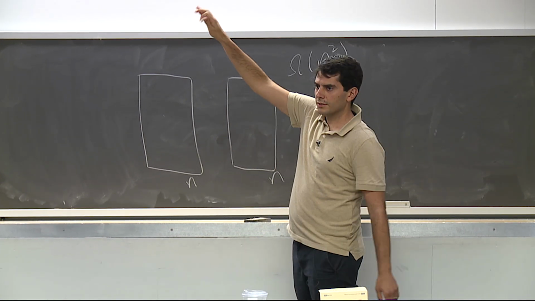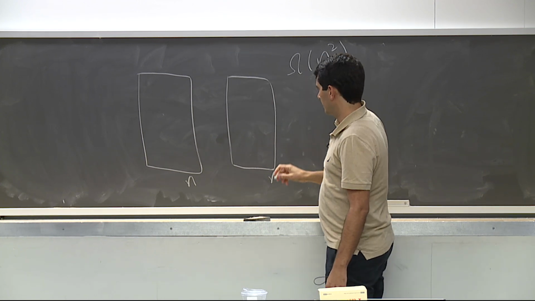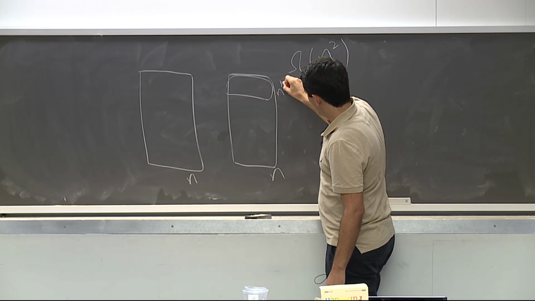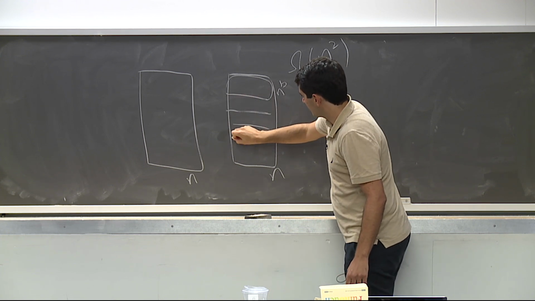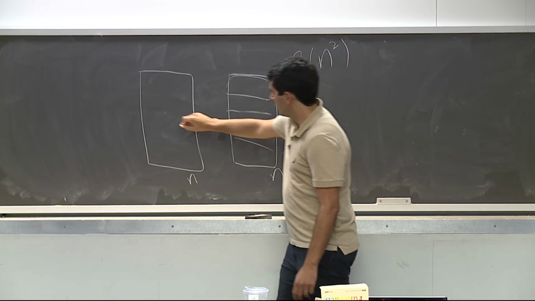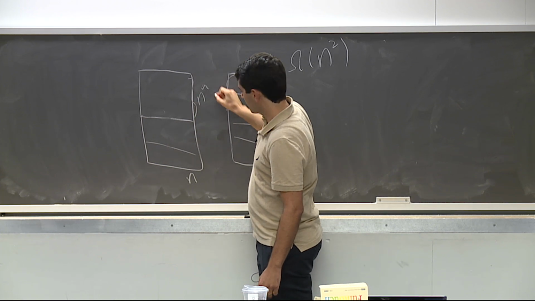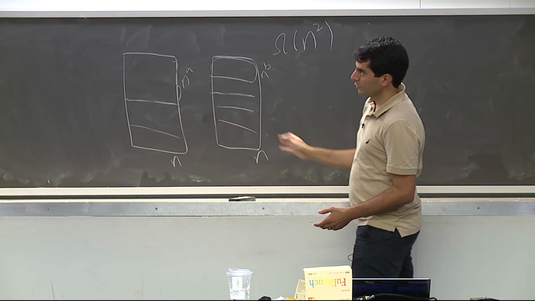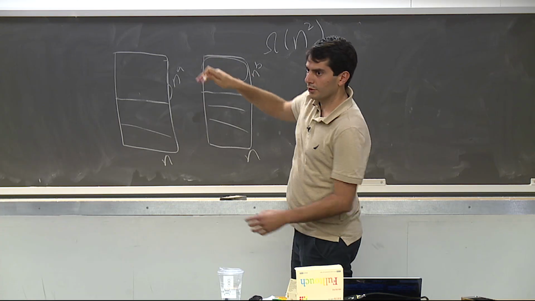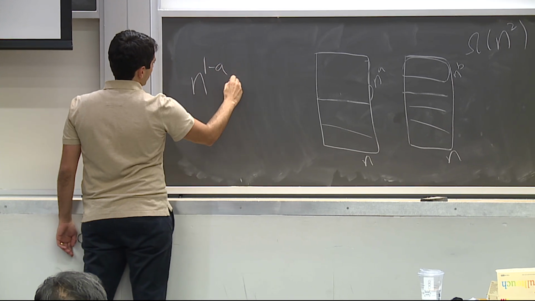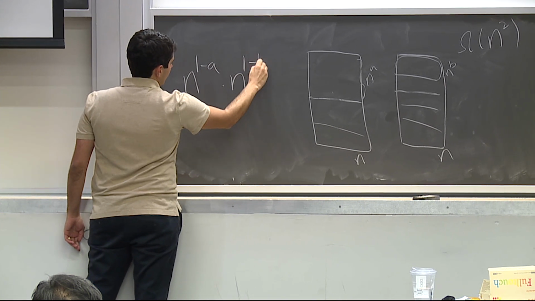Let's say a and b are less than 1. Otherwise, you can just do it otherwise. So you partition one set into blocks of size n to the b, and here you partition it into blocks of size n to the a. And you use that kind of algorithm to solve all pairs of blocks. The number of blocks is n to the 1 minus a times n to the 1 minus b.